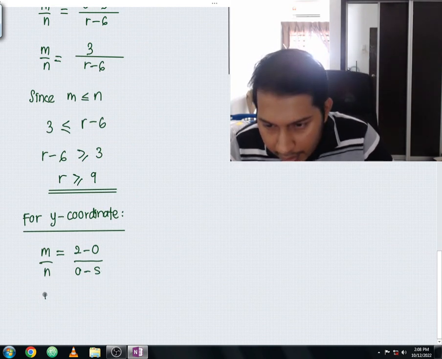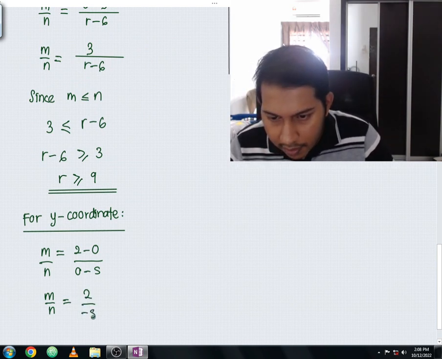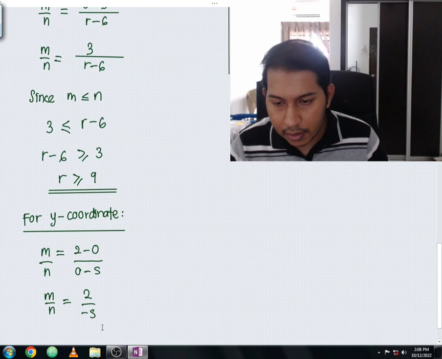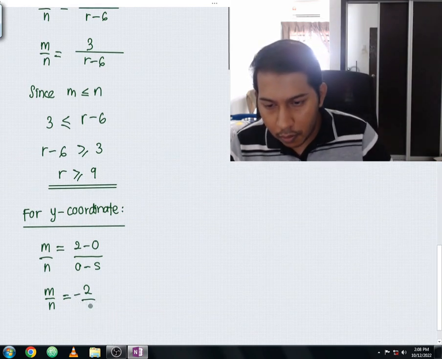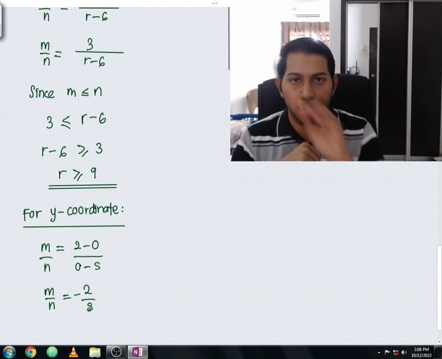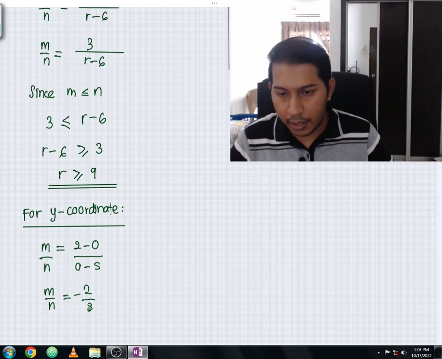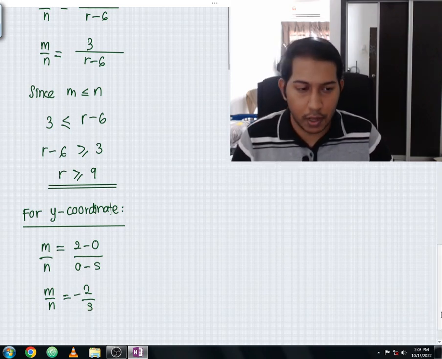So from here you calculate m over n is equals to 2 over negative s. You can write like this, or you can also write negative 2 over s. So the negative you can put at the numerator. Okay, it is the same after all. So m over n is equals to negative 2 over s.